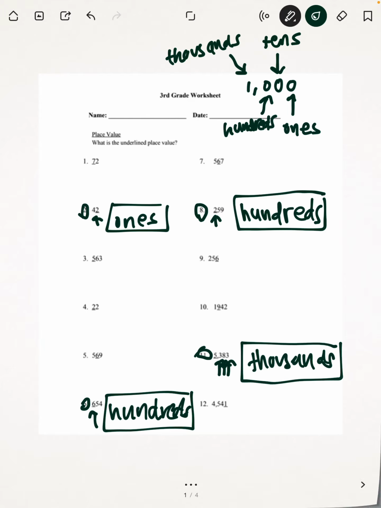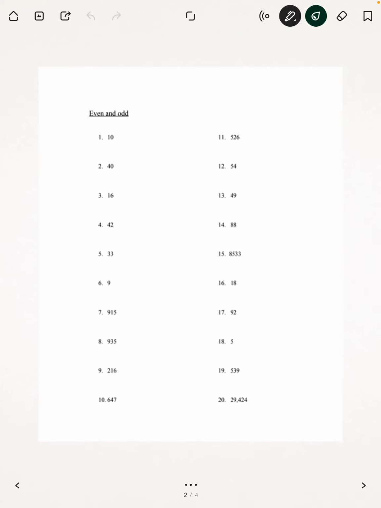Moving on to the next page, we're going to be going over even and odd numbers. Right now I'm writing what numbers are even and what numbers are odd.